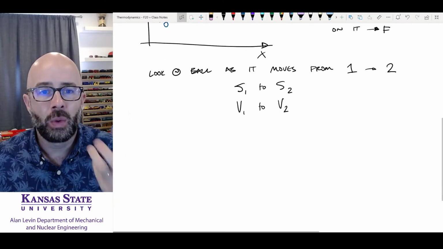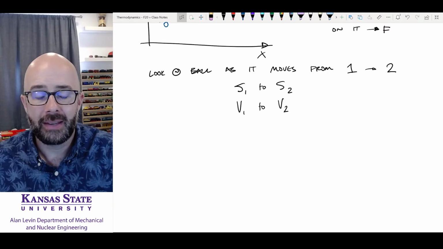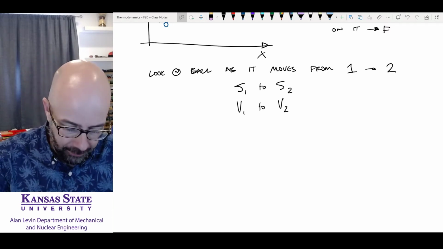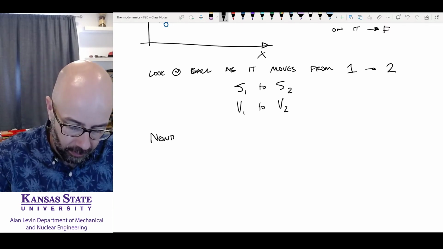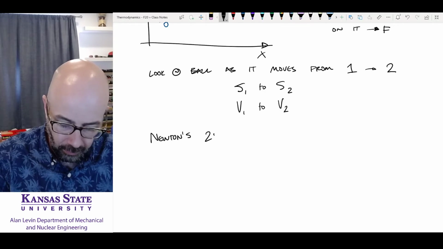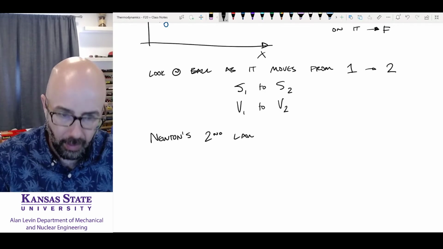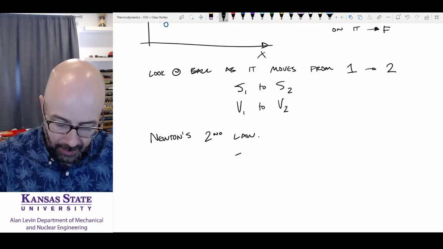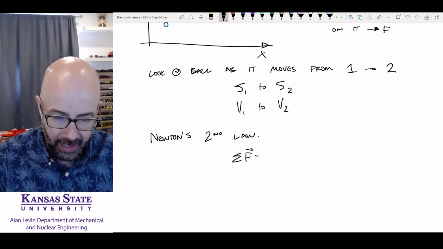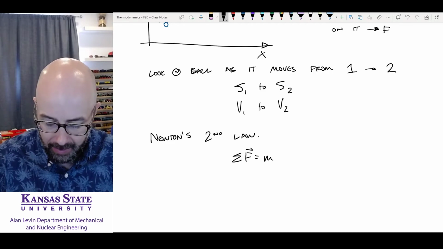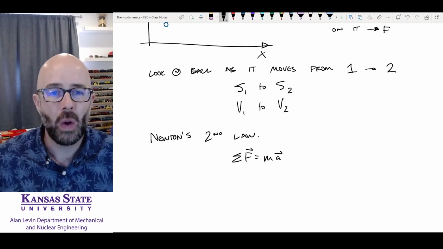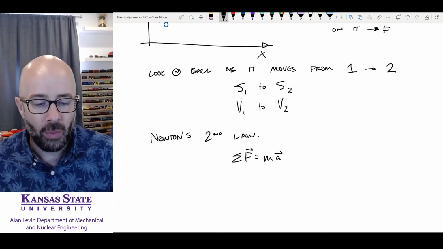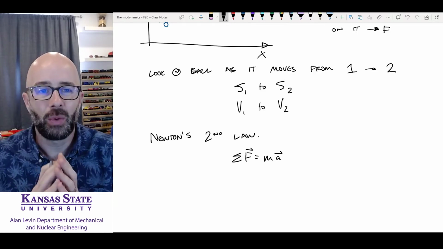So we've got to deal with the law that applies to this, and that's going to be Newton's second law. Newton's second law states, as we know, the sum of all the forces is equal to the mass times the acceleration. It's a vector equation. But I don't want to look at it as a vector.